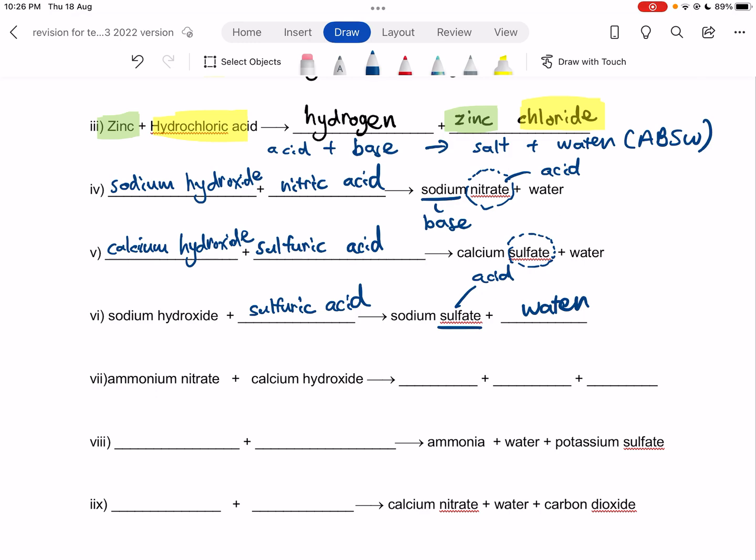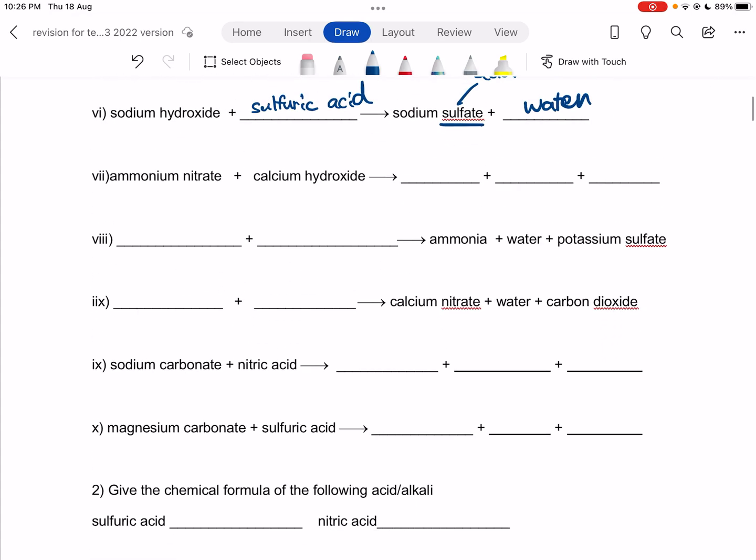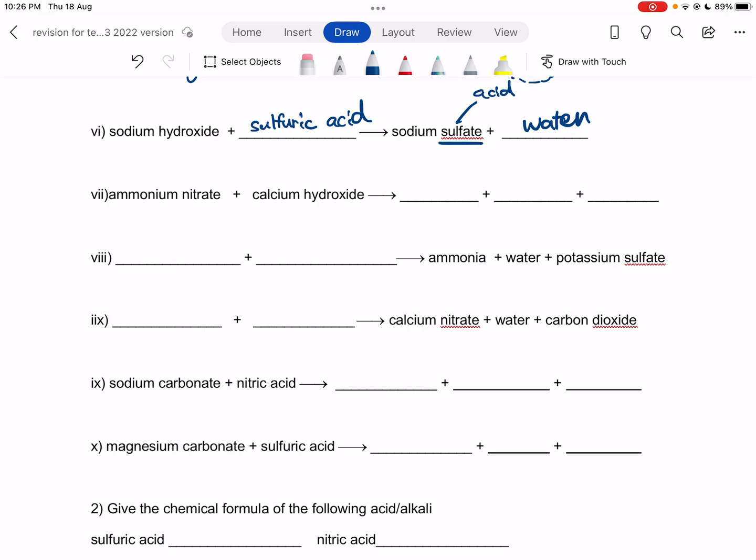Then the next one, you realize there's ammonia gas being given off. The next two we are looking at ammonium salt plus alkaline, which gives you ammonia gas plus salt plus water.